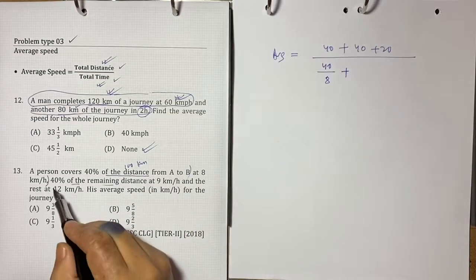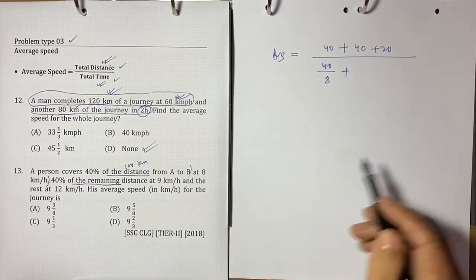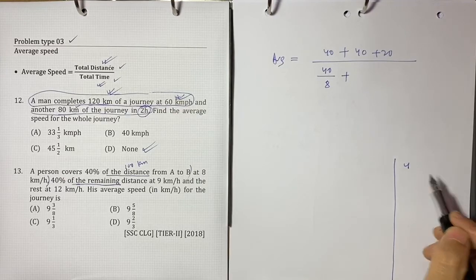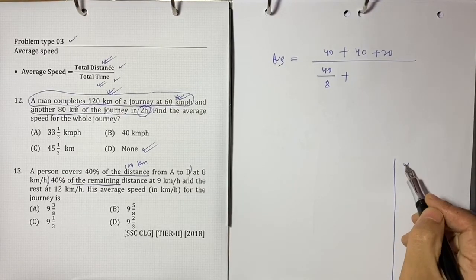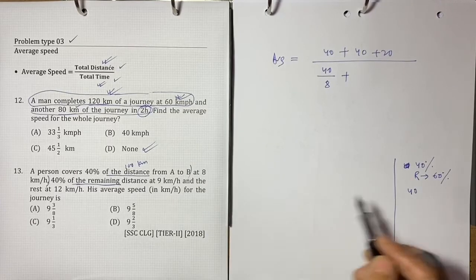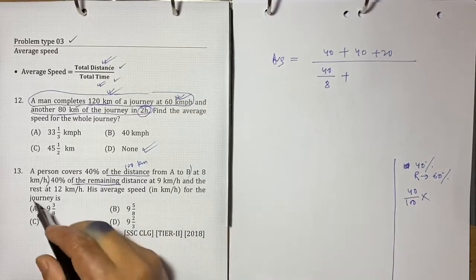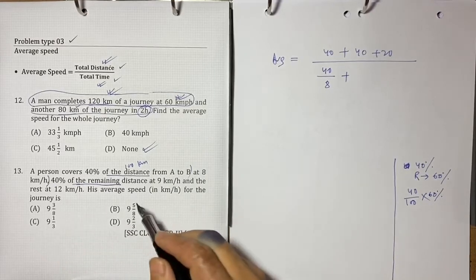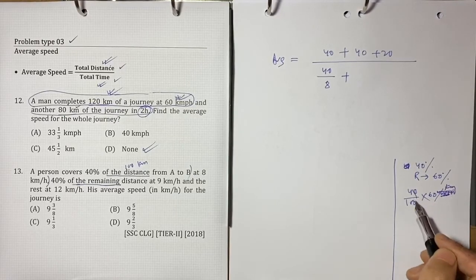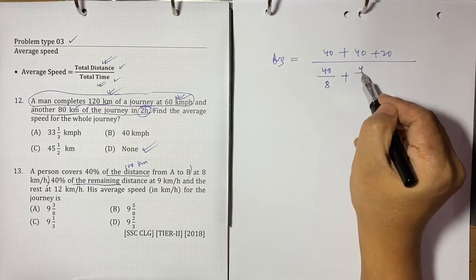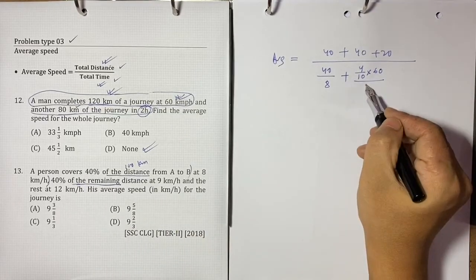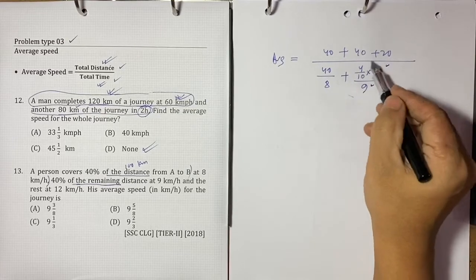The second part of the journey is 40% of the remaining. After covering 40%, the remaining is 60%, so 40% of the remaining 60 is 40% into 60 km. Distance is 40% of 60 divided by 9 km per hour, which gives the time.